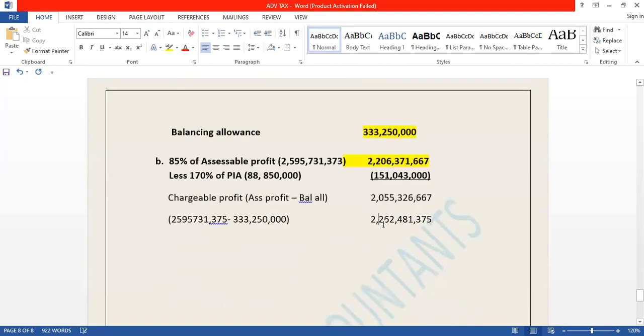Okay. So this is the chargeable profit, and this is what we are going to apply our tax on now.